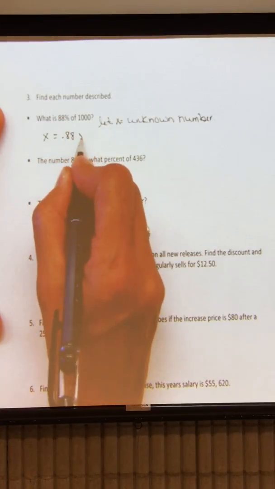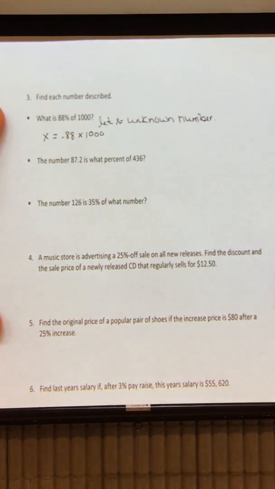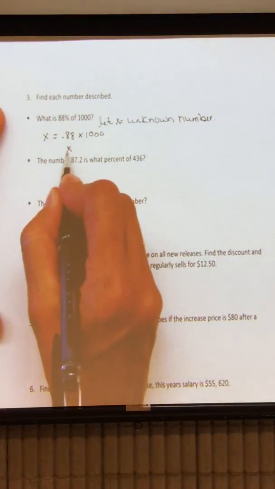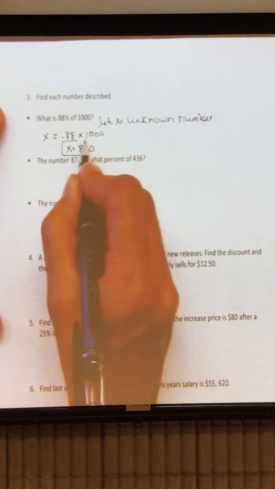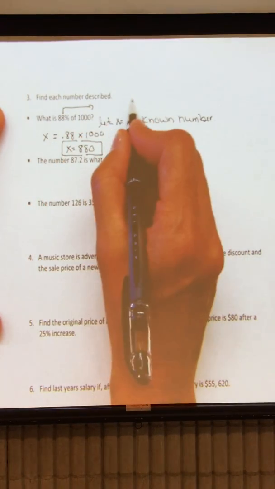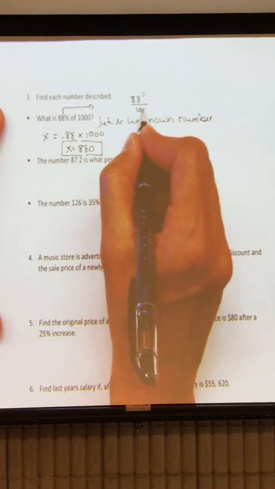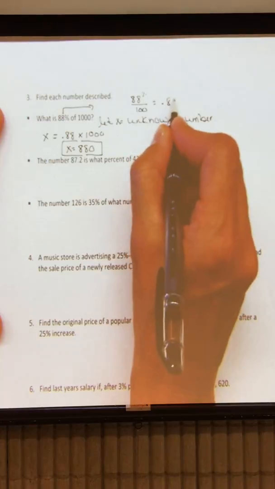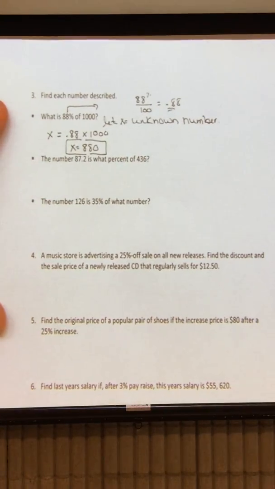Of is times 1,000. So translating word for word, we have 0.88 times 1,000, which is equal to 880. Again, let me make a little side note. To change percent into a decimal, you divide by 100.